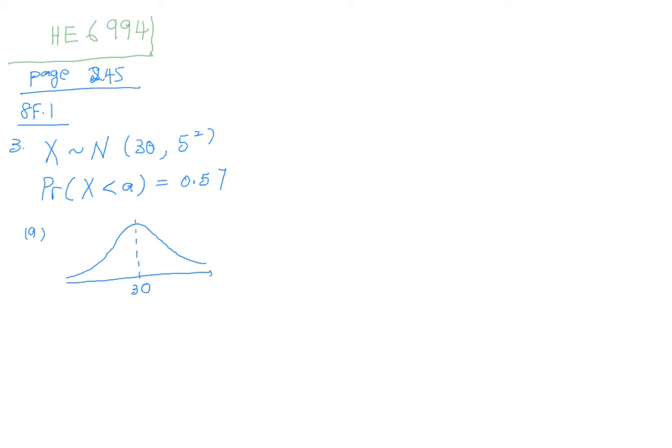The area here is probability, that is 0.5 left-hand side and 0.5 right-hand side, correct? And you have a look at this, probability of X less than A is more than 0.5.